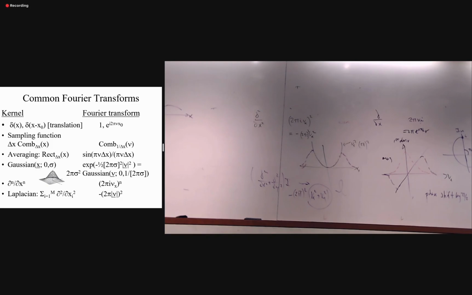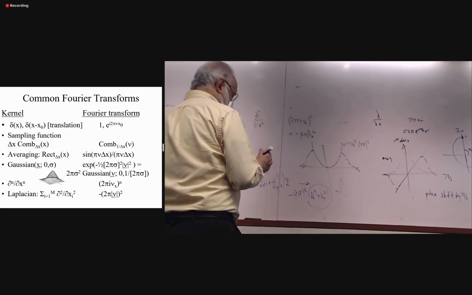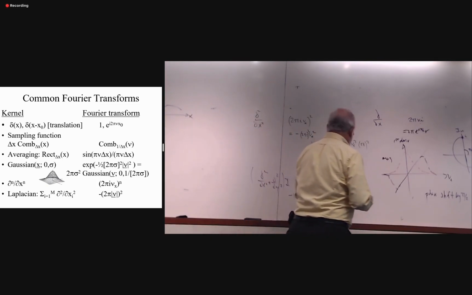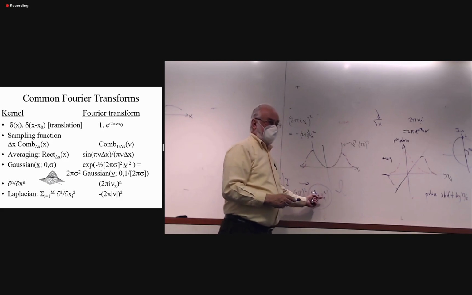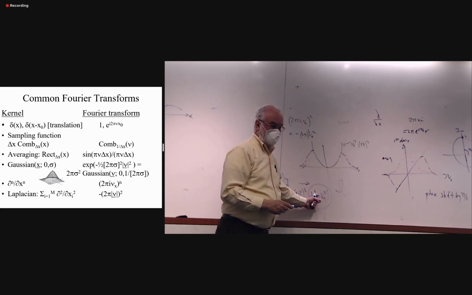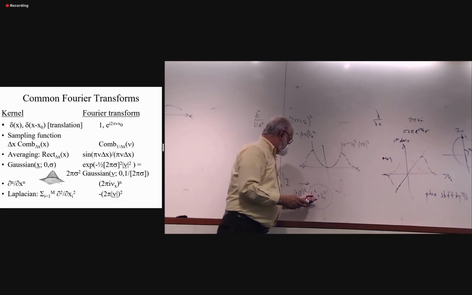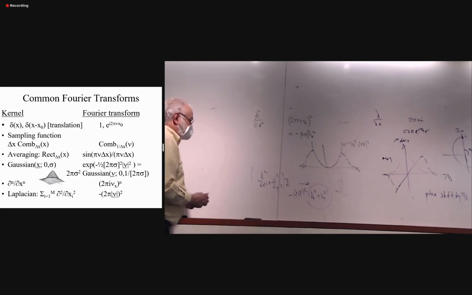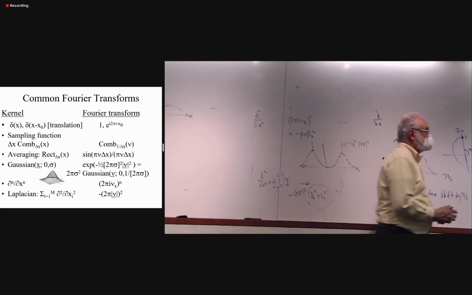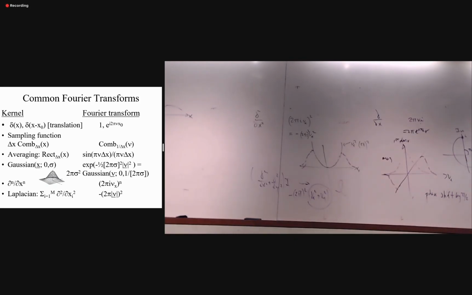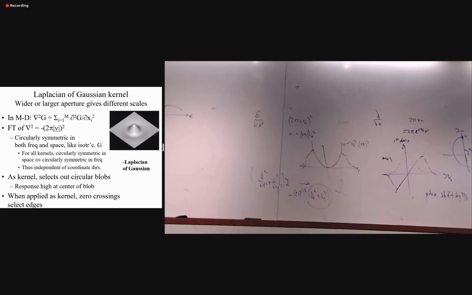It's just isotropic in x and y. So this Laplacian operator is circularly symmetric, and it turns out you can show that if something is isotropic, circularly symmetric in x and y, or in x, y, and z in 3D, then the corresponding kernel is also isotropic, circularly symmetric, which means that you get a Laplacian of Gaussian that looks like this.